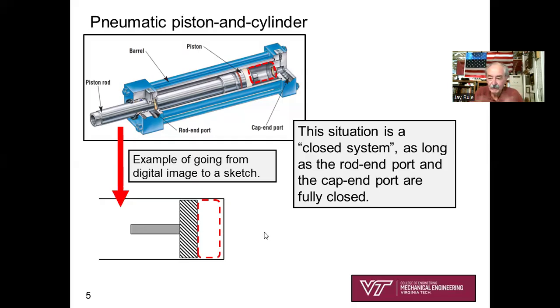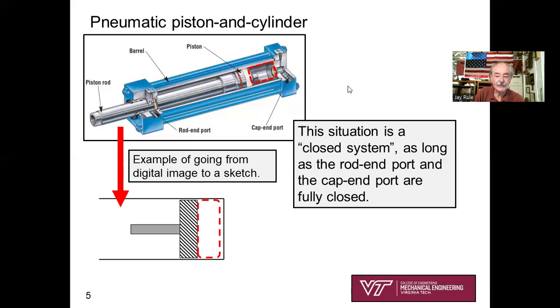Really very simple. Oh, wow, I see my text box. It says, this is considered a closed system as long as the air or gas inlet to the system is closed and or the outlet port to exhaust air is closed. So as long as these ports are fully closed, this is a closed system.